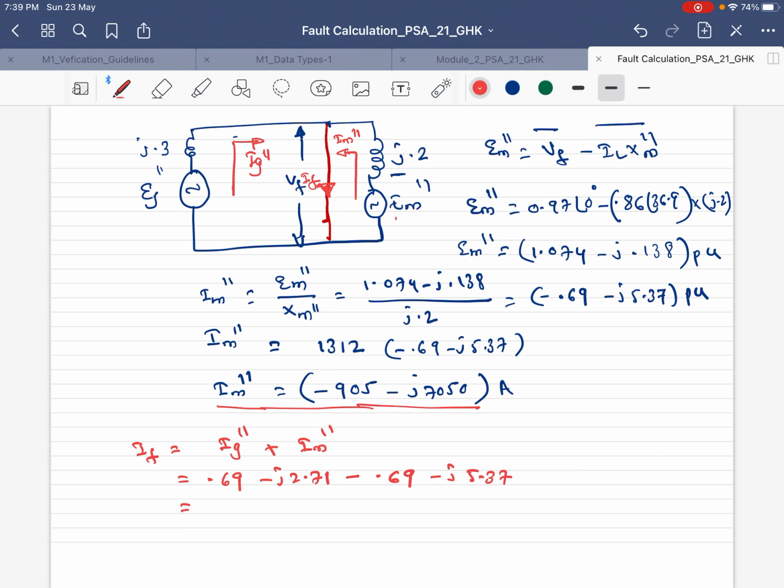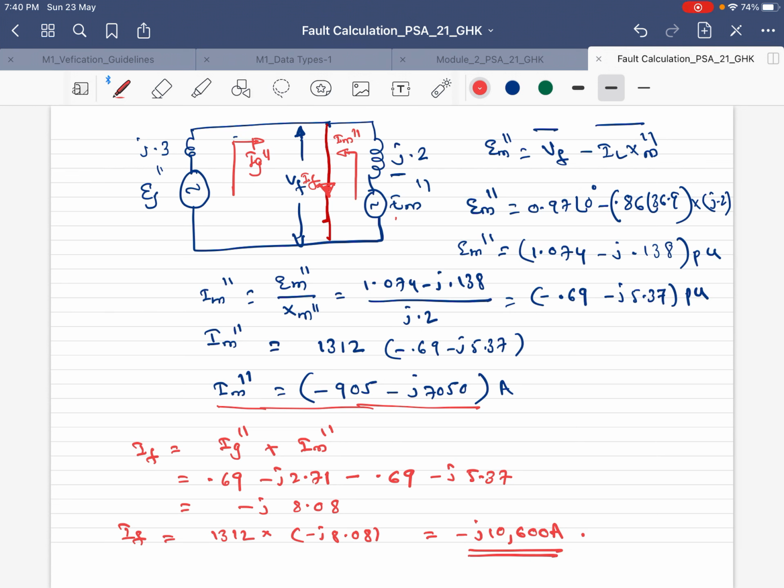Then the total IF double dash you get is minus j8.08. If you want the fault current in actual value, multiply by the base current. Therefore, the total fault current is minus j10,600 amperes.